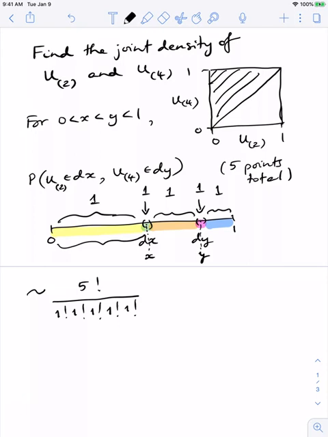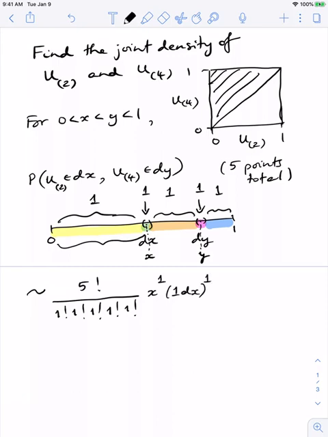So we're going to have probability of the yellow category to the power number in the yellow category. And then 1 has to fall in dx. The chance that a particular one falls in dx is density dx.